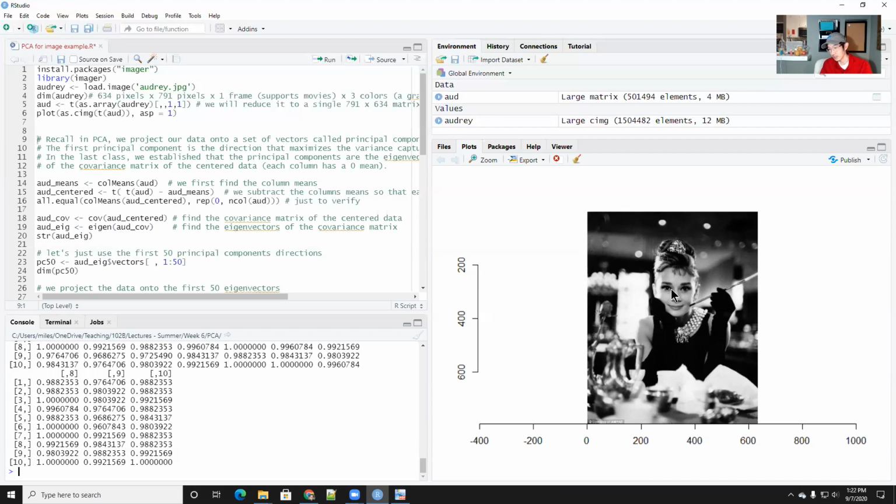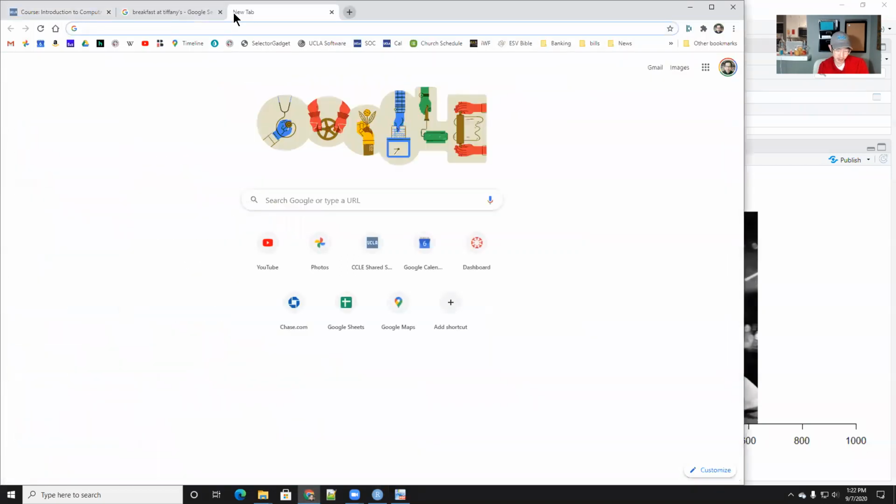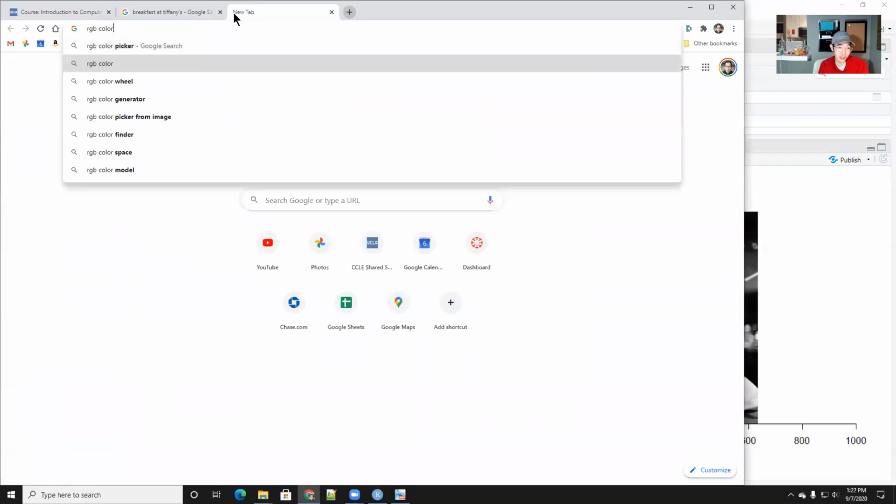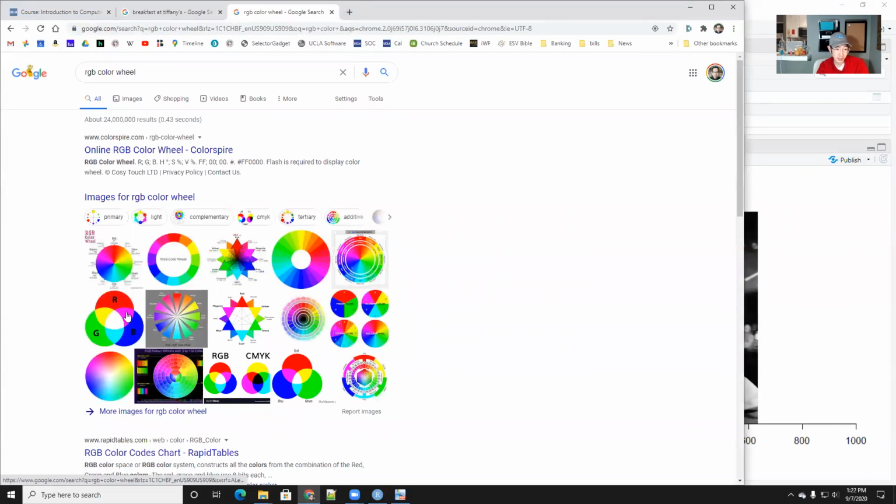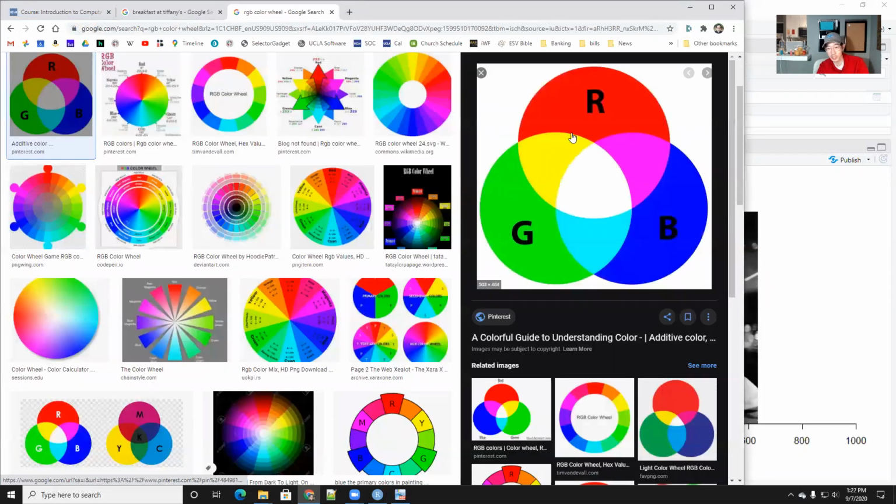Bright red would be the red channel set to maximum, and green and blue set to the lowest. Blue would be blue set to the max, and red and green set to the lowest. Green is green to the max, and red and blue set to the lowest. If you want something like yellow, I think you put green and blue to the max and red to the lowest. Let me see, RGB color wheel. I'm sorry, yellow is no blue.